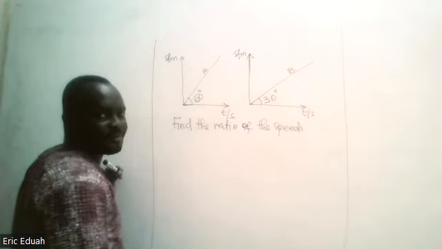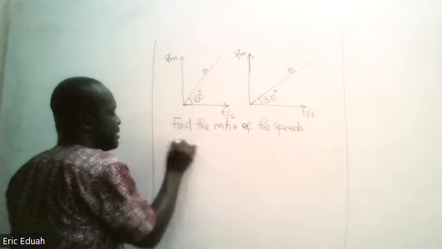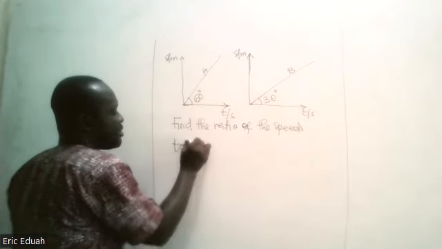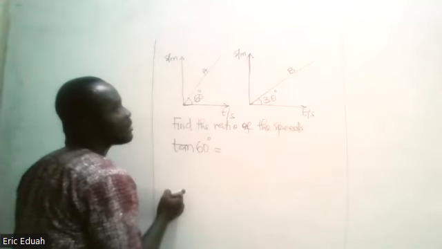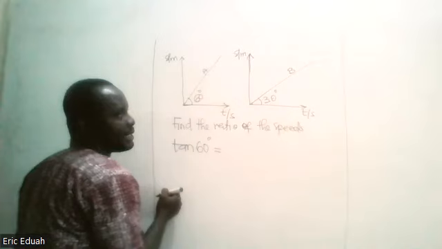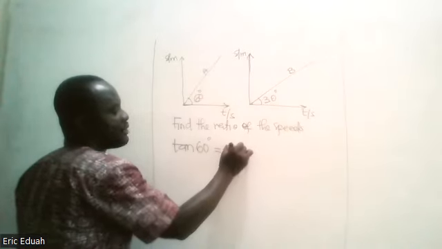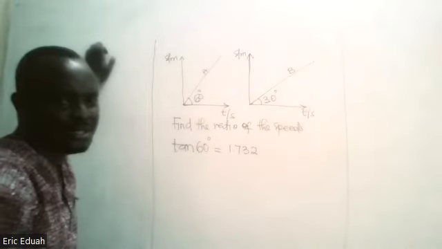The tangent of the angle 60 degrees, which is 1.732. What again? Kelly, what else?